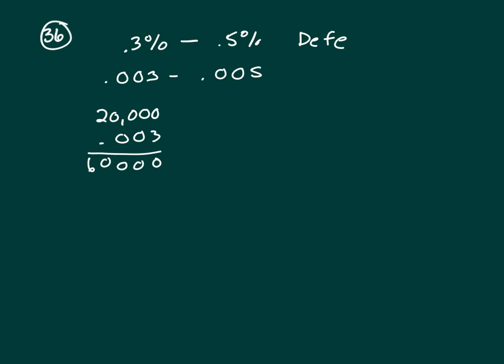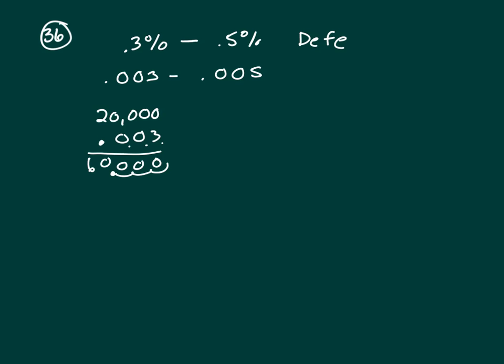And we need to move our decimal over 3 places, because what you do is you move your decimal back to the right. So 1, 2, 3. That's going to give you 60 units. So we know the lower end is going to be 60 units.